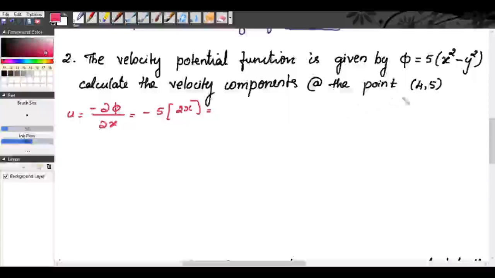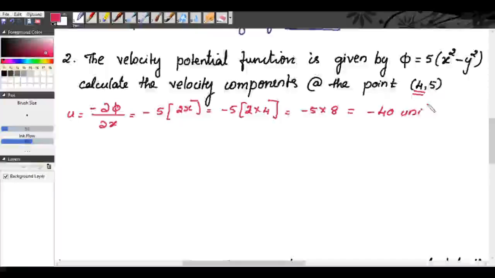Substituting x equal to 4, it is minus 5 into 2 into 4. So we get minus 5 into 8. We get minus 40 units.